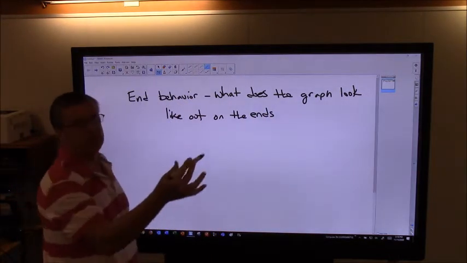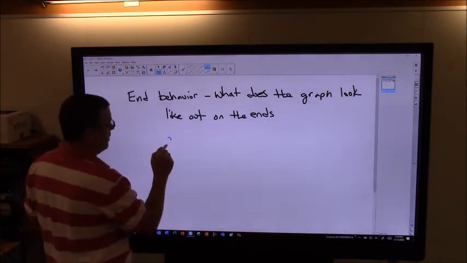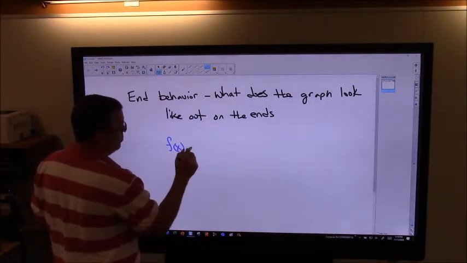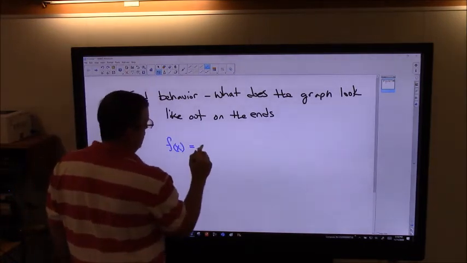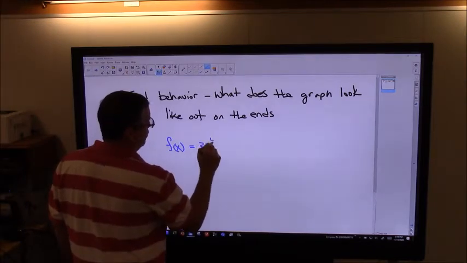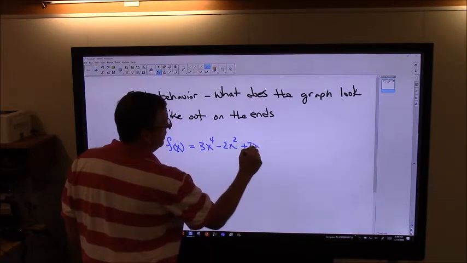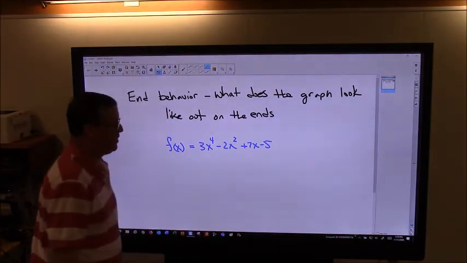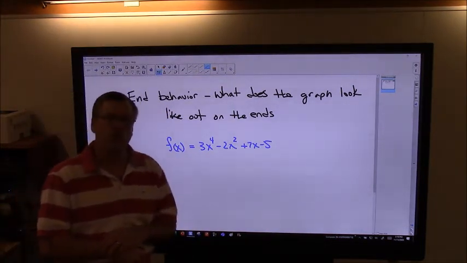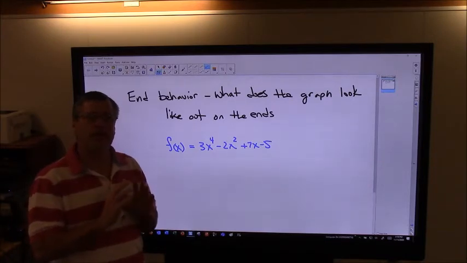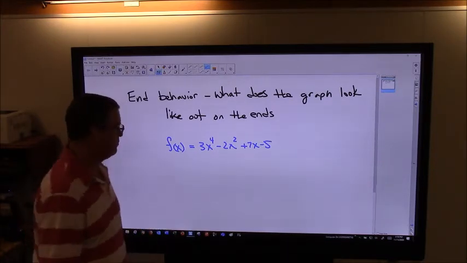So here's an example. Let's say we have something like f of x equals 3x to the 4th minus 2x squared plus 7x minus 5. If I had to graph this, what does it look like out on the ends of the graph?